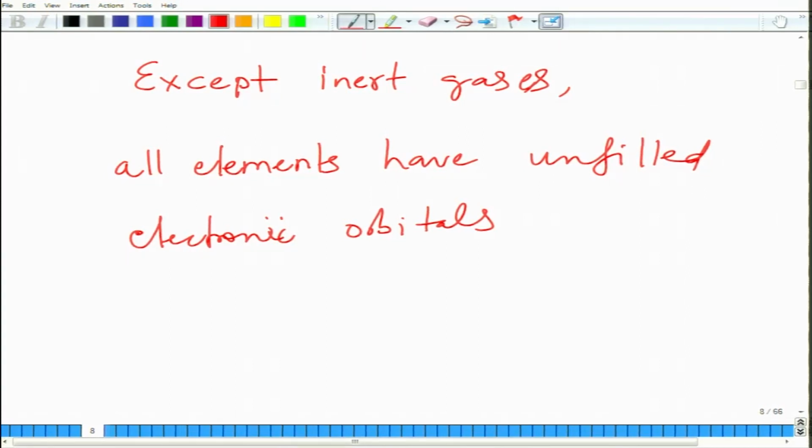So, what should they do? They should do something with these electrons which are unfilled, which are an incomplete configuration of electrons in the outer shells. They have to be taken away, they have to be given away, or they have to be shared.